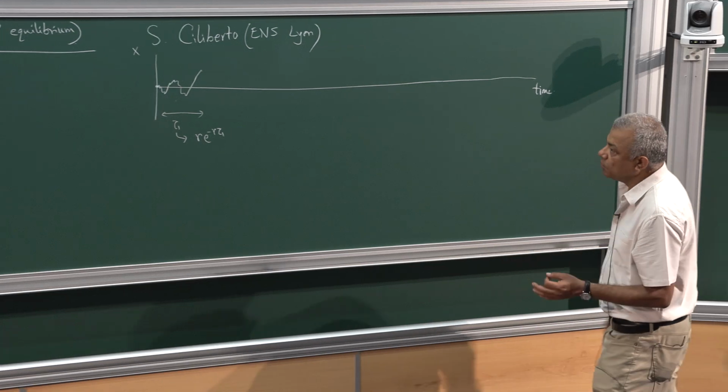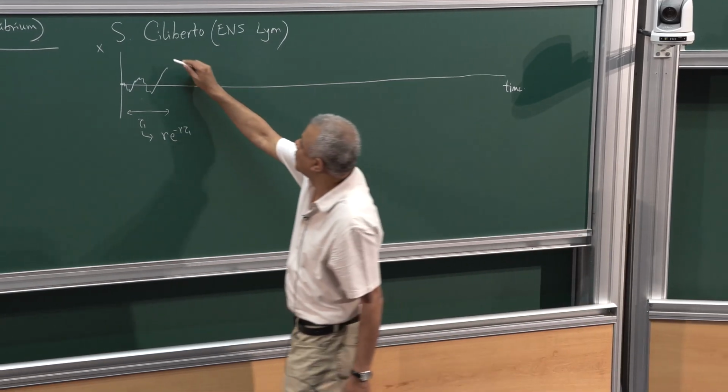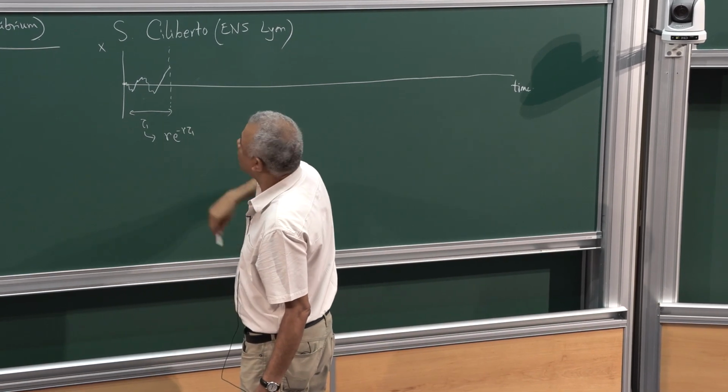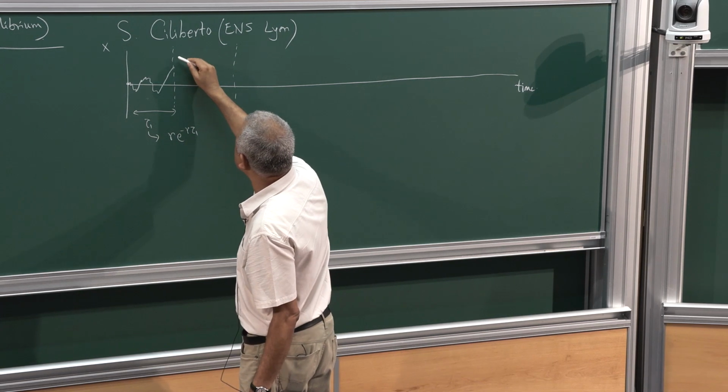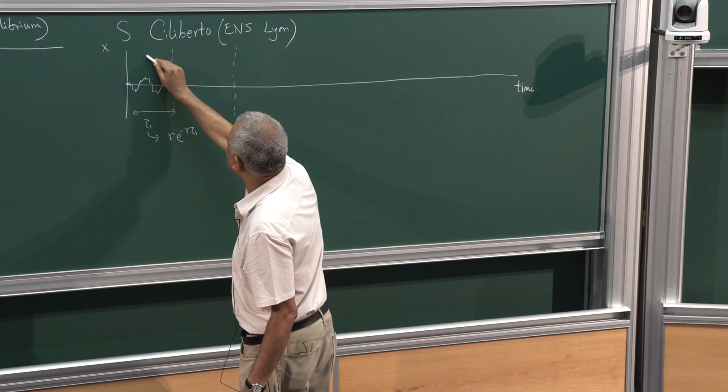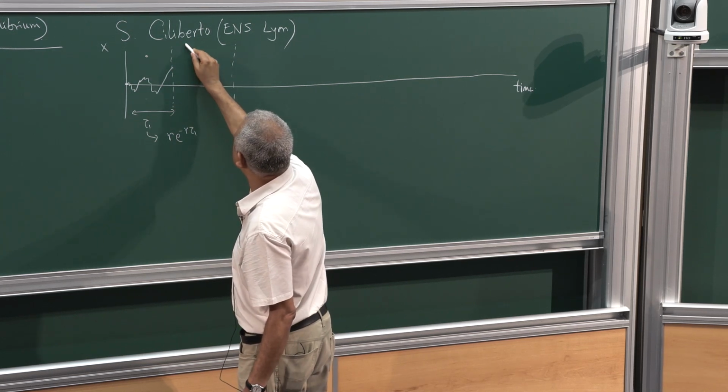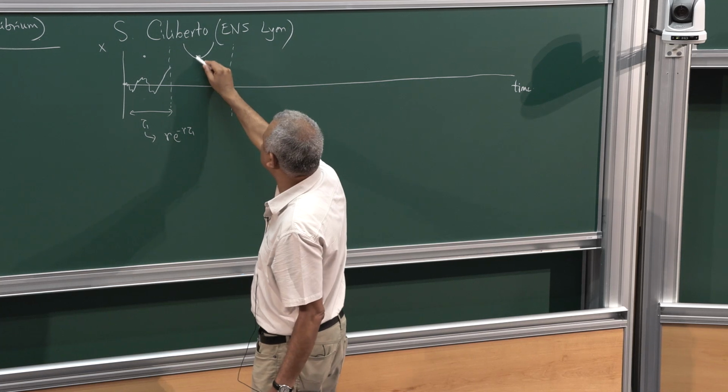And after this time, then you switch on an optical trap. Okay. And I'll tell you what is this interval. So here is a free particle, no trap, and here you switch on the trap, harmonic trap.